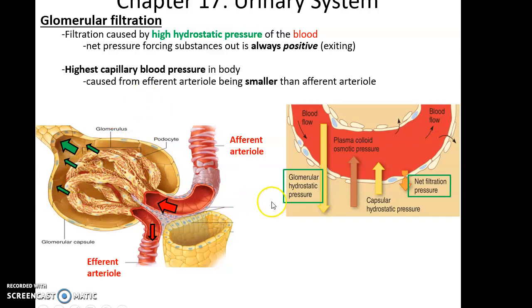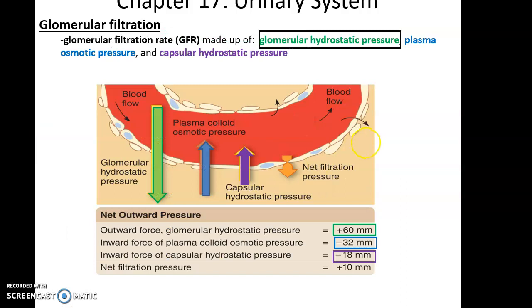Also, the reason why the blood pressure is so high is because the efferent arteriole is much smaller in diameter than the afferent arteriole, so more fluid is entering than exiting, helping to drive the release of fluids out of the capillaries. So again, glomerular hydrostatic pressure is the dominant force countering other pressures trying to return fluids back to the bloodstream.